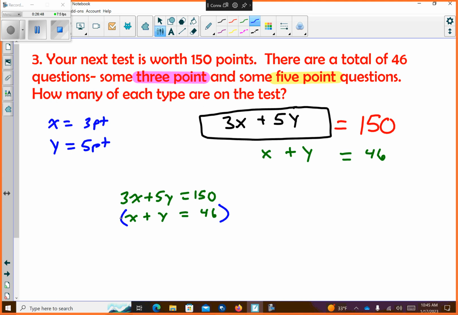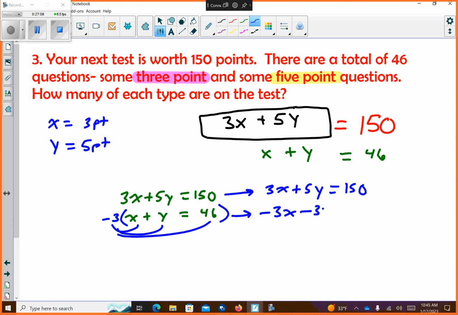In order for us to get rid of an x, I'm going to multiply the entire bottom equation by -3. The top equation is going to stay as is. And for the bottom equation, I have to distribute -3 to everything. So I get -3x minus 3y equals negative, what's 46 times 3? 138.